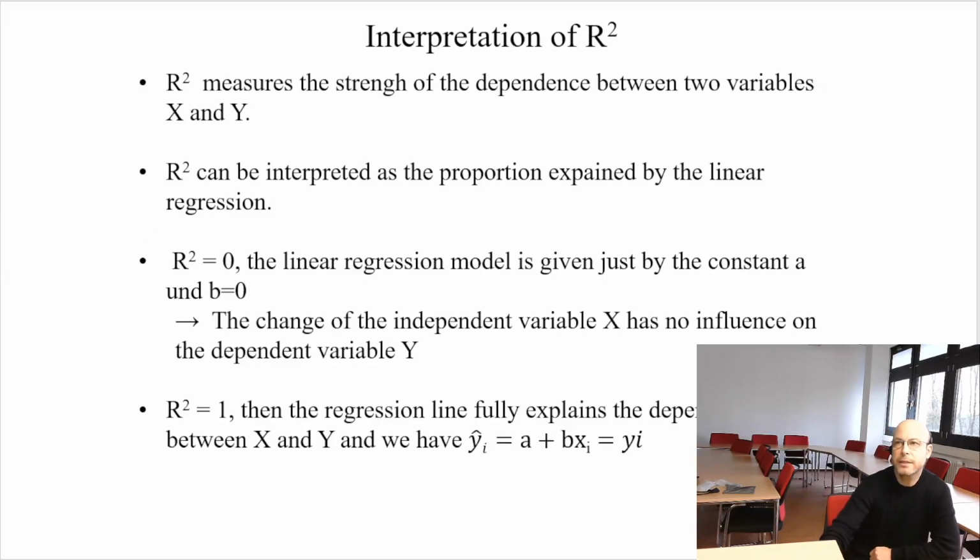Well, now we have a measure where we can interpret R square as the strength of the dependence between x and y, and we can then say that we have a measure where we can interpret this as the proportion.